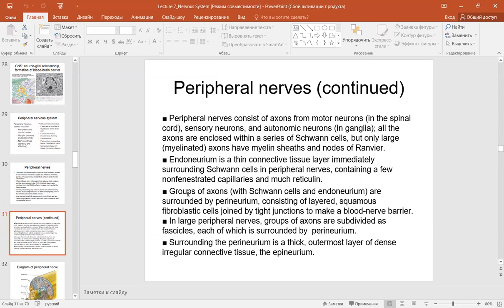Peripheral nerves consist of axons from motor neurons in the spinal cord, and sensory neurons and autonomic neurons in ganglia. All the axons are enclosed within a series of Schwann cells, but only large myelinated axons have myelin sheaths and nodes of Ranvier. The nerve impulse jumps from one node of Ranvier to the adjacent node, which increases the speed of transposition of the electric impulse.